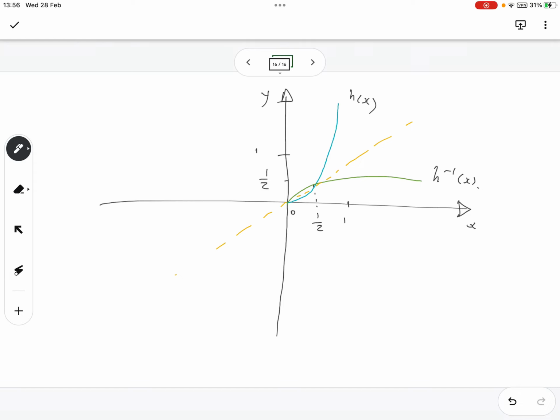Okay. So we've determined the inverse of the function, we've determined the points of intersection, we've sketched the graphs on the same set of axes. Then we're now using the sketch to determine if h and h inverse are increasing or decreasing functions.